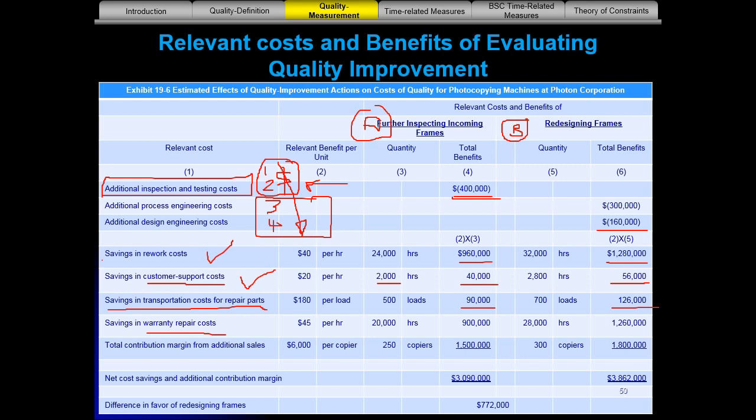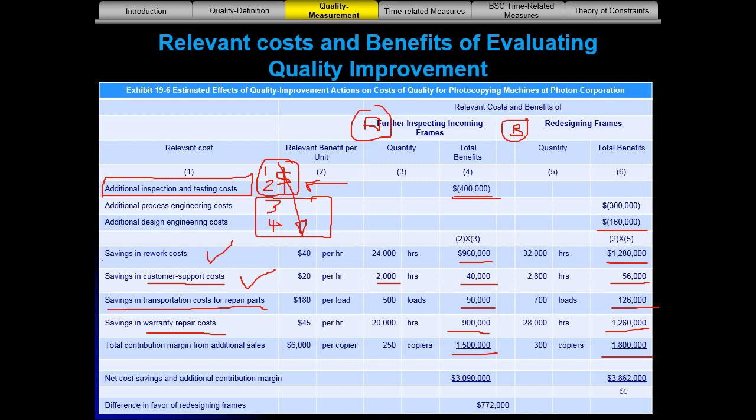You have made a guarantee for 1 year, 3 years, or 5 years. Again, $900,000 and $1.26 million you're saving here. So the total contribution margin from the additional sales is basically the $1.5 million here and $1.8 million here.